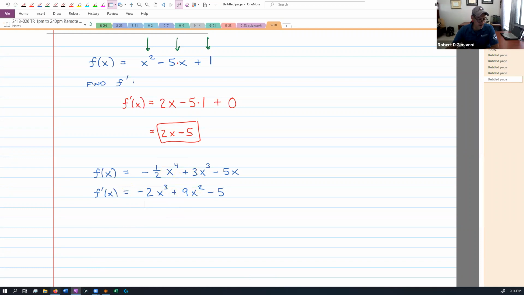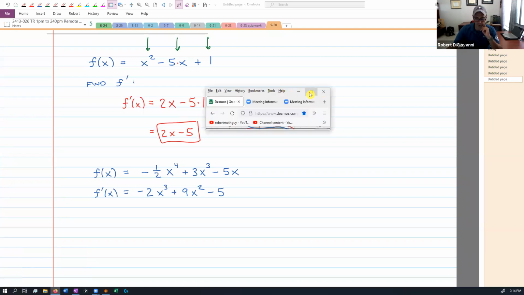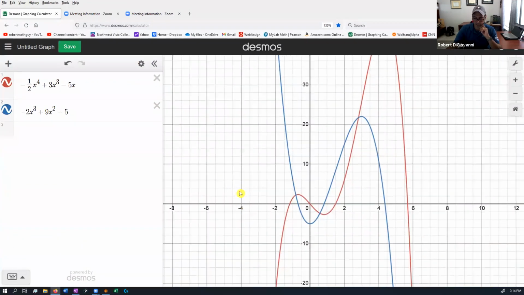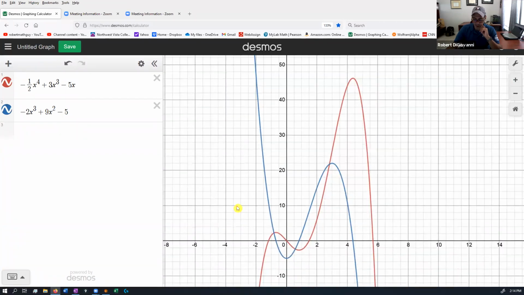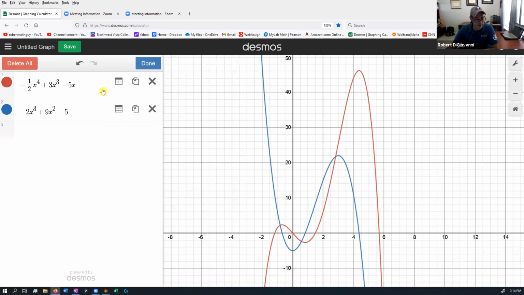And while you were doing that, so that we don't lose sight of what we've got now, I graphed the original function and its derivative. The red one is the original function, and the blue one is its derivative.